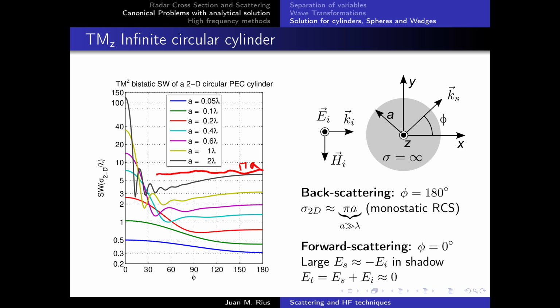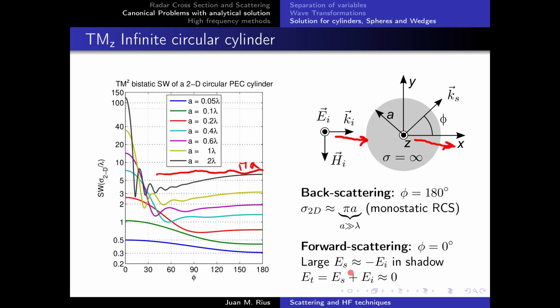Here phi equal to 0. Phi equal to 0 is the forward scattering direction. It's forward scattering because the incident field comes also in the direction phi equal to 0. So clearly there is a very high peak of scatter field in the forward direction, and this is due to the fact that the forward direction is in the shadow region, and the scatter field must cancel out the incident field, so the total field becomes approximately 0.